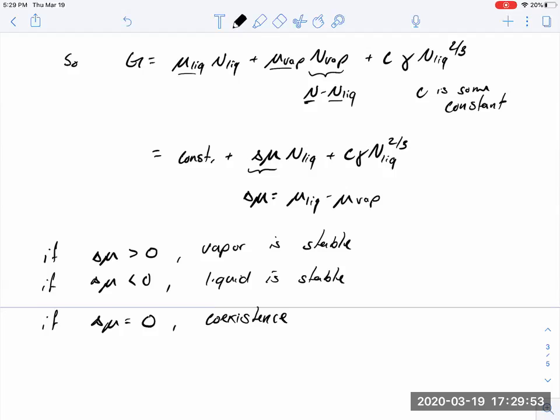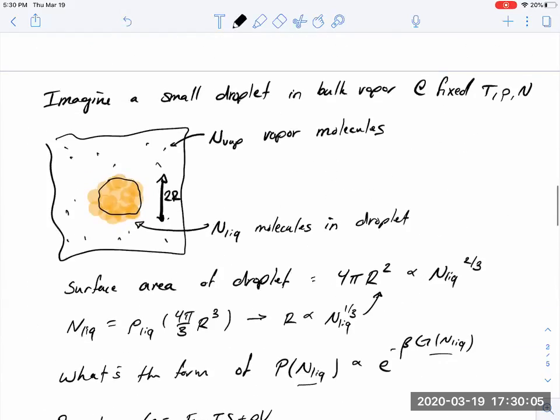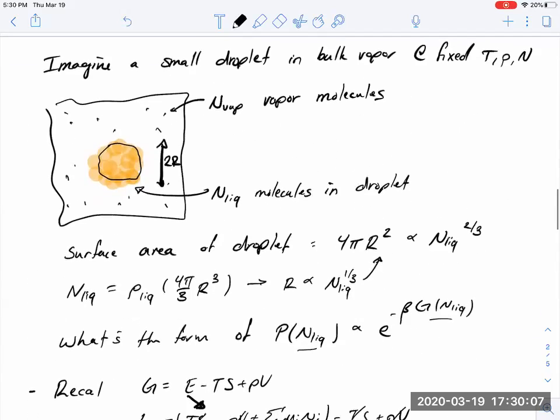Okay, so now we have a model for the Gibbs free energy as a function of the number of molecules in that growing droplet. So we're envisioning trying to say something about this droplet that's growing, accompanying its growth by aggregating some number of particles into it.